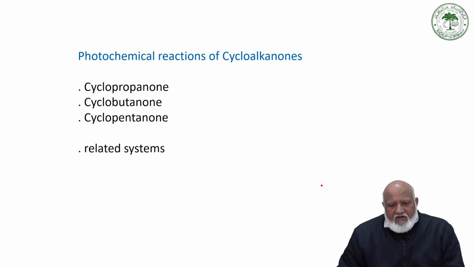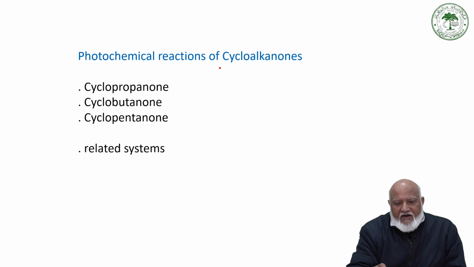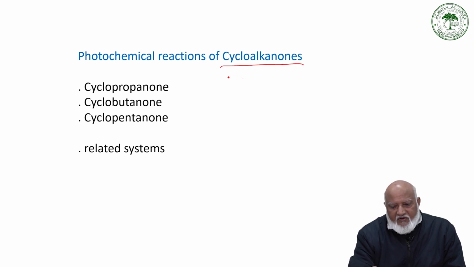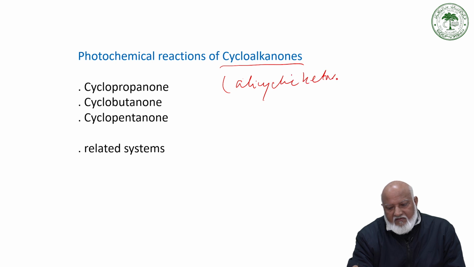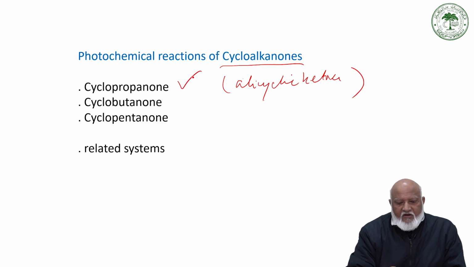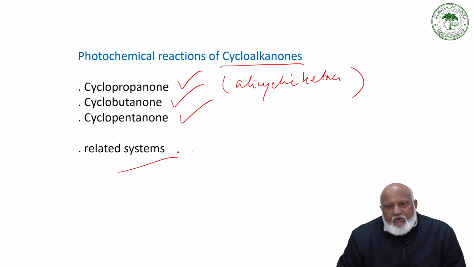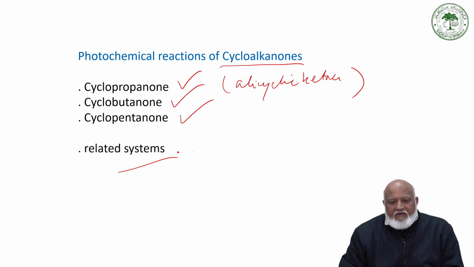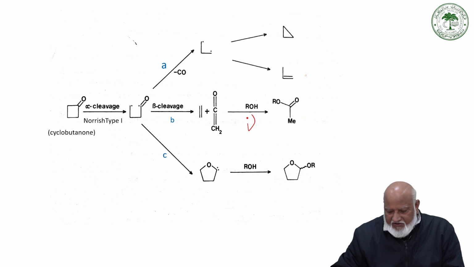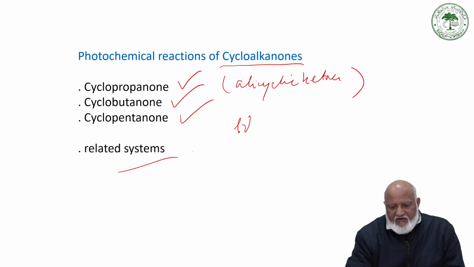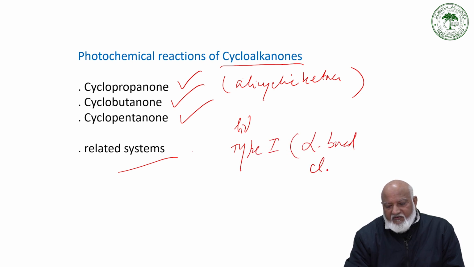As I have mentioned, cycloalkanones or alicyclic ketones such as cyclopropanone, cyclobutanone, cyclopentanone, cyclohexanone, and all related systems may also undergo a similar type 1 reaction under photolytic condition, which is nothing but alpha bond cleavage.